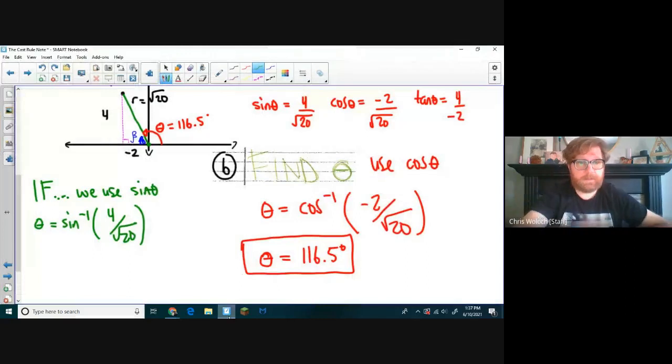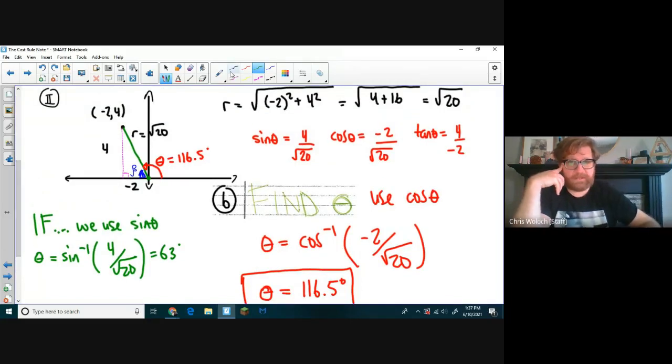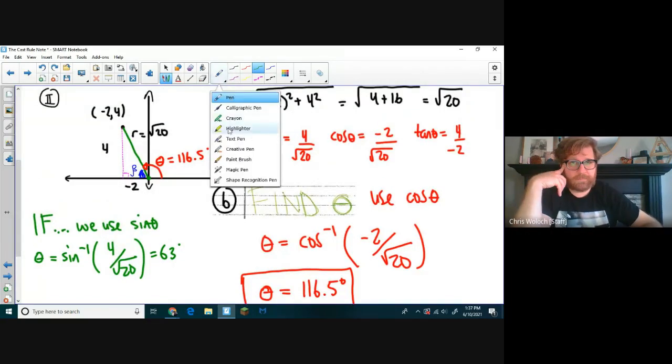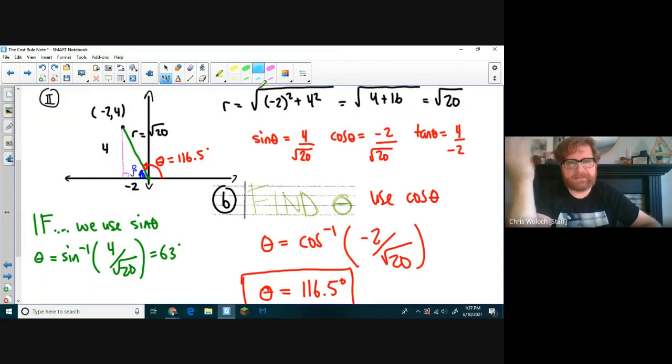So again, when you run this simulation, you're like, yo, okay. And this is where you're actively thinking, right? We're not just doing brainless mathematics. We're saying, okay, theta is 63, but hold on, 63 would be in this quadrant. So my answer can't be 63.